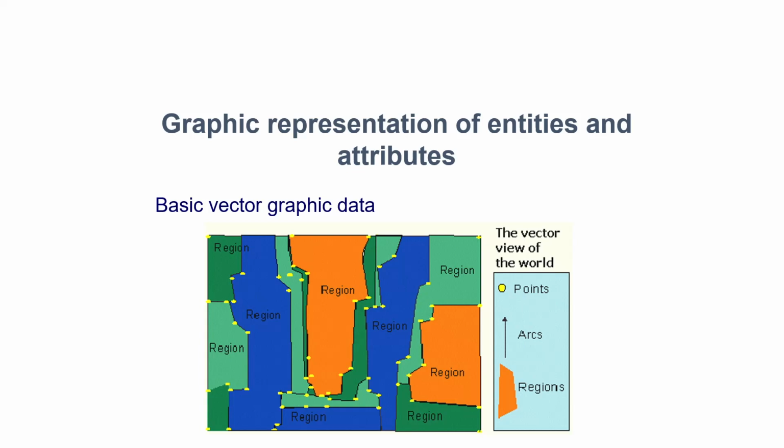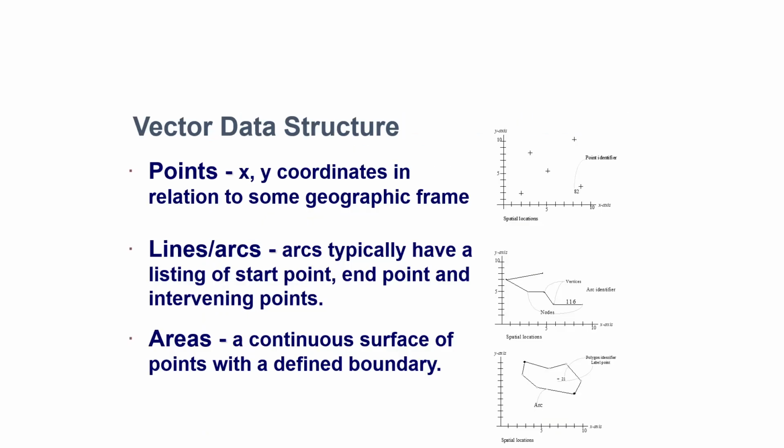On the other hand, the vector data model divides space into regions by using lines with coordinates.